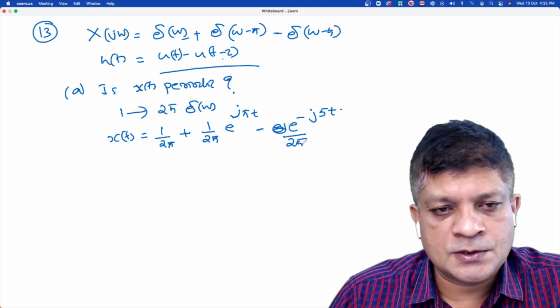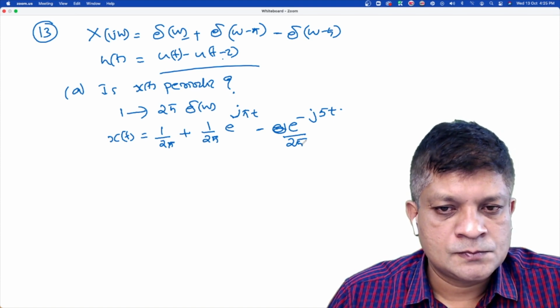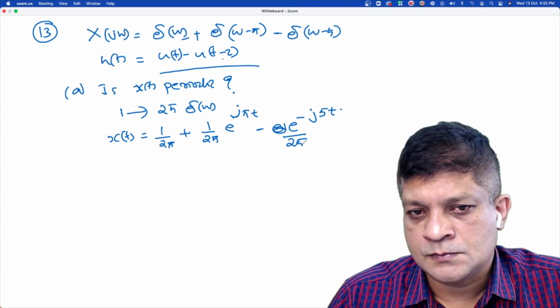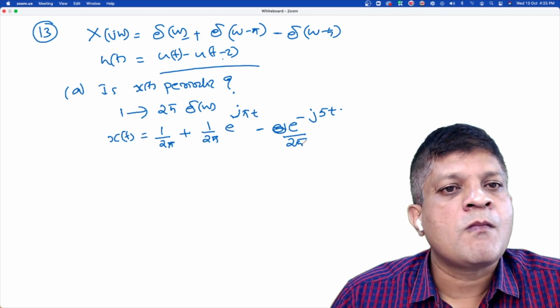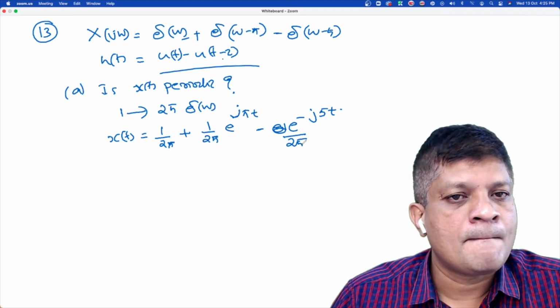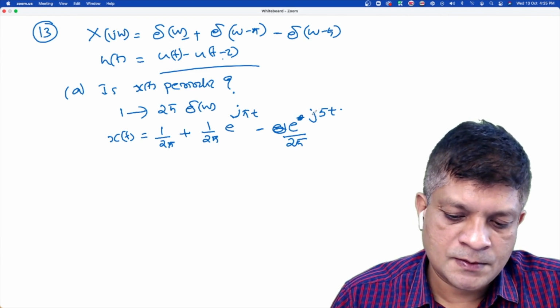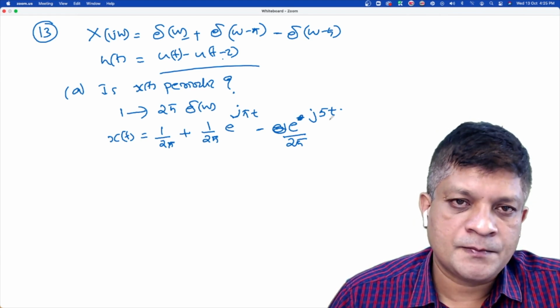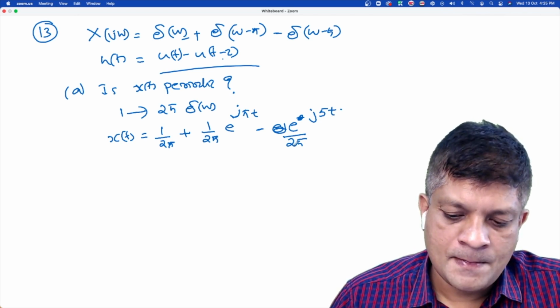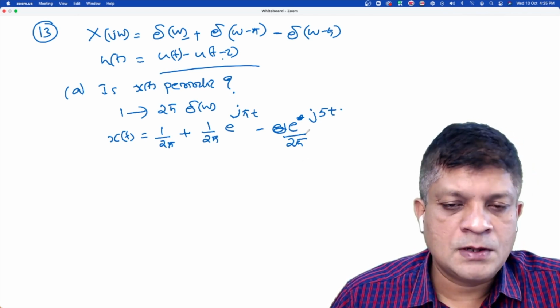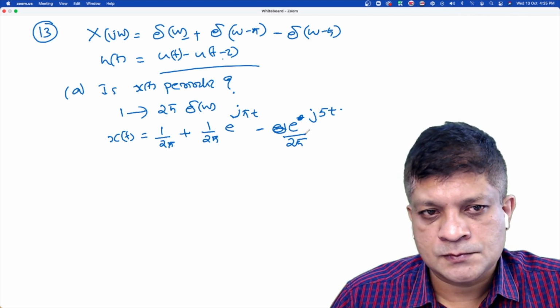Is it a periodic signal? Shouldn't it be plus j5 because omega minus 5? This is plus j5 t. Is it a periodic signal? Yes.